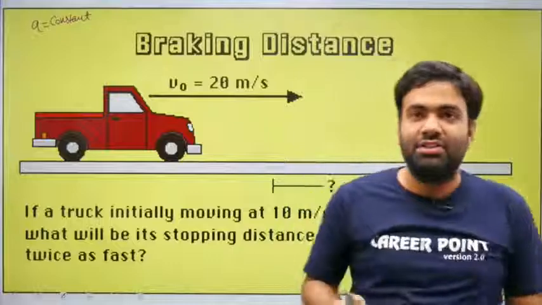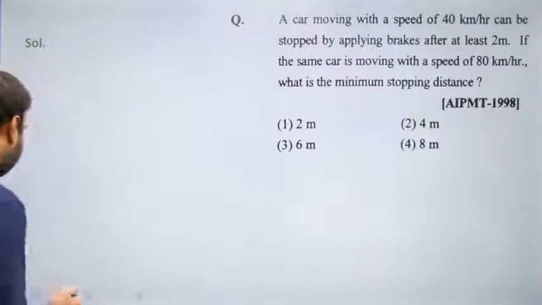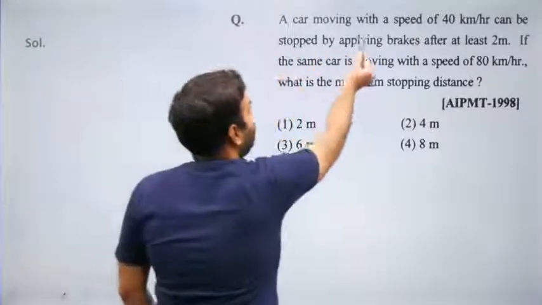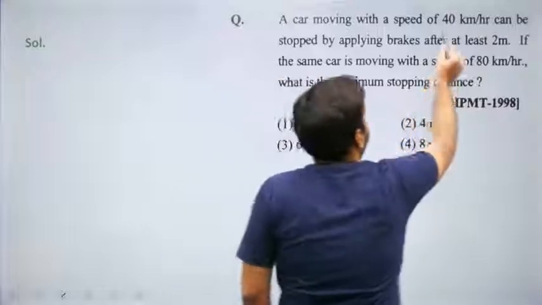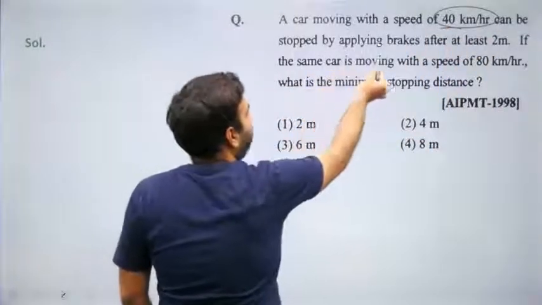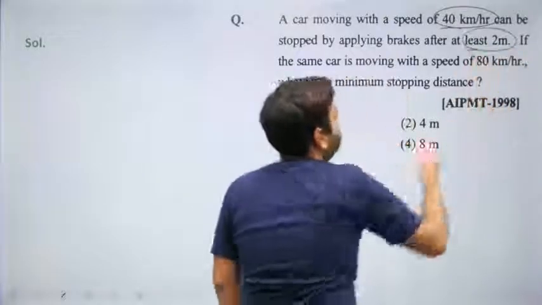Now to understand this topic, let us take an example. A car moving with a speed of 40 km per hour can be stopped by applying the brakes at least 2 meters.